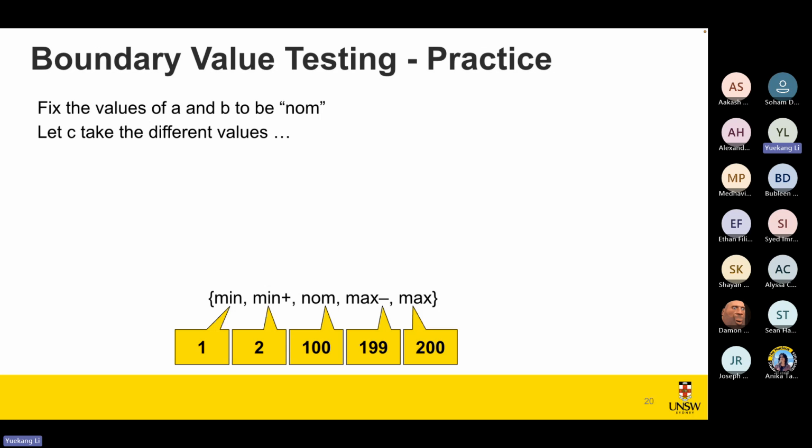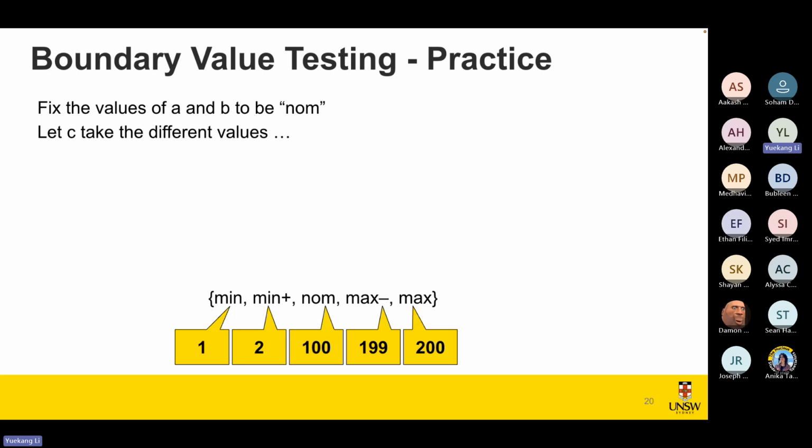So what we do, like we described in one of the previous slides, is that because we have the single fault assumption, which means that only one parameter can take an extreme value, we need to fix the value of 2 parameters and let the third one try out all the 5 different values.